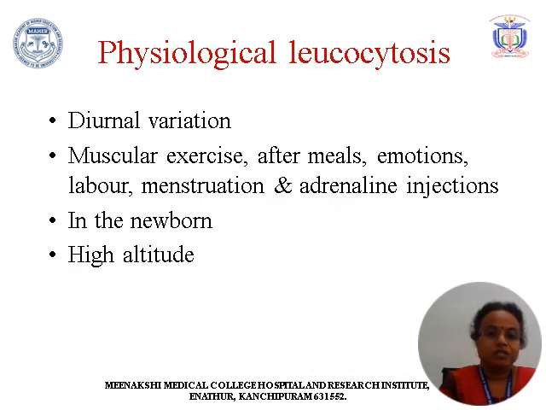Coming to the causes for leukocytosis. Physiological leukocytosis occurs due to diurnal variation and immediately after muscular exercise, after meals, emotions, labor, menstruation, and adrenaline injection. Also, it will be more in the newborn and at high altitude.